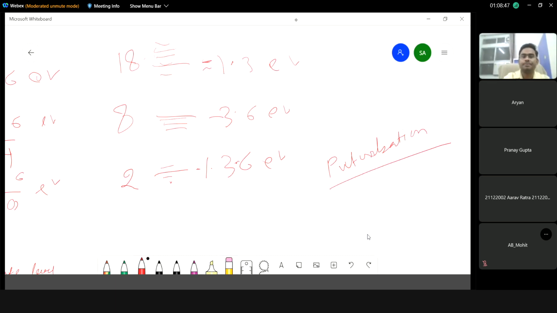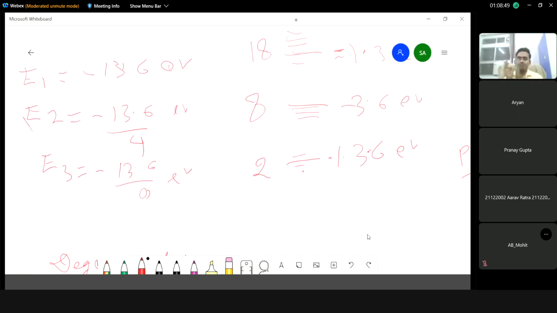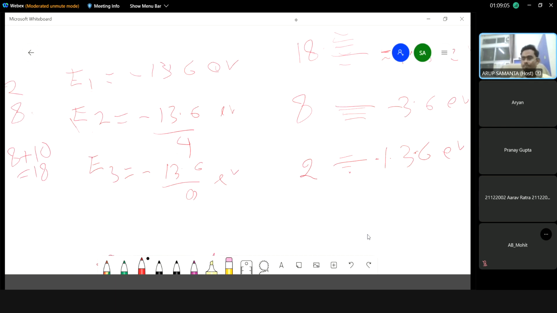If you perturb it but it does not split further, then these are non-degenerate levels. So this is an important thing.